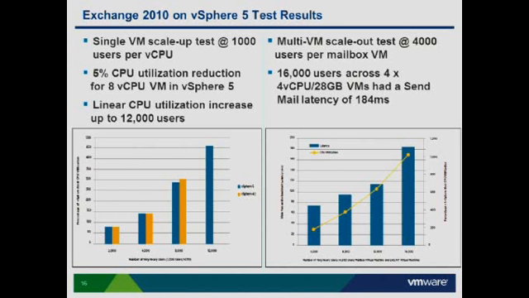Where 5 excels is in the larger virtual machines. So it's actually more conceivable now to go with the larger virtual machines, the 8 virtual CPU, 12 virtual CPU VMs. And we see that the 8 virtual CPU did outperform the vSphere 4.1 VM by about 5%. And then, of course, we couldn't do the comparison with 12 virtual CPUs because it's not supported in 4.1.